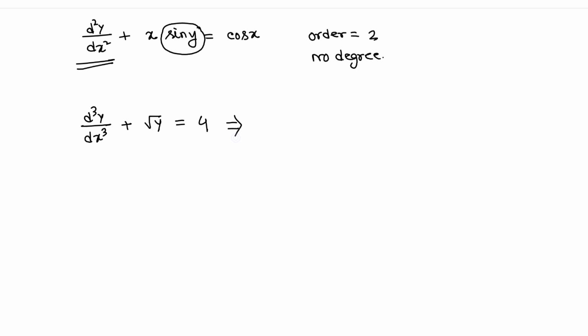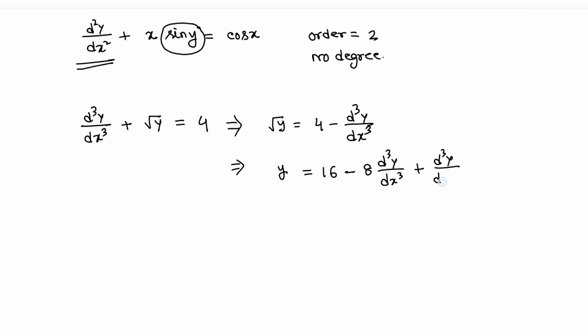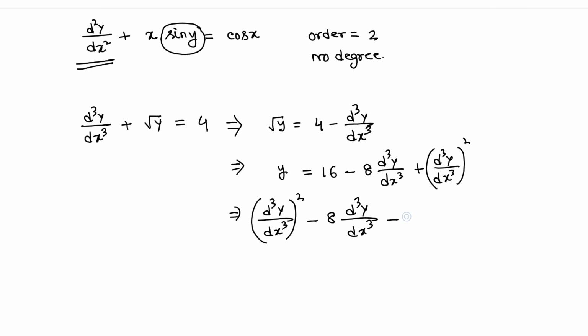Actually, you can write this equation in this form: root y equals 4 minus d³y/dx³, and squaring both sides, y equals, if I simplify, 16 minus 8 d³y/dx³ plus (d³y/dx³)². So if I simplify, this will be (d³y/dx³)² minus 8 d³y/dx³ minus y plus 16 equals 0.